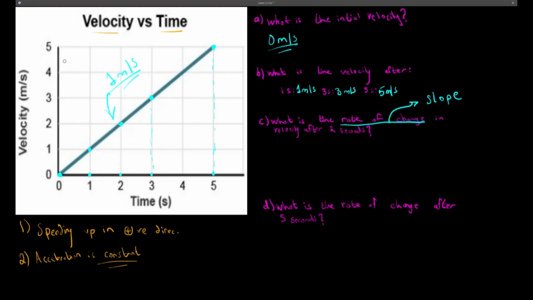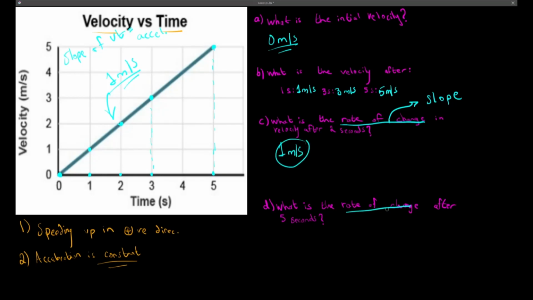As you know, the slope of the velocity time graph, v-t, is equal to acceleration. So the rate of change here is the slope, and after 2 seconds, the rate of change doesn't change. It's at constant acceleration. So the rate of change of velocity will still always be 1 meter per second.